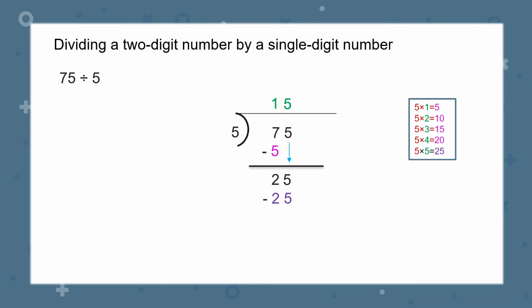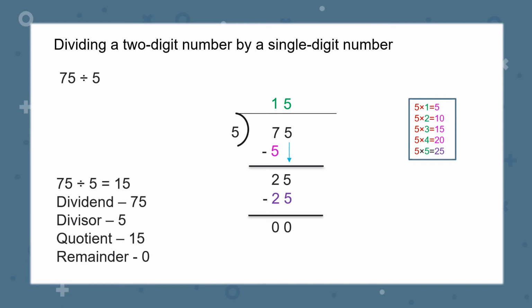Now we will subtract 25 minus 25. So we will get the answer 0. Now we will write the final answer. 75 divided by 5 is equal to 15. Here dividend is 75, divisor is 5, quotient is 15, remainder is 0.